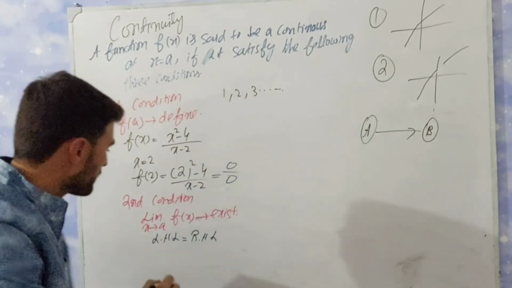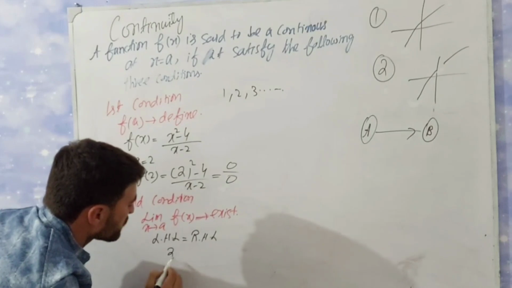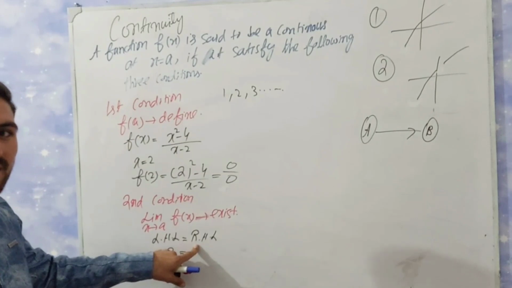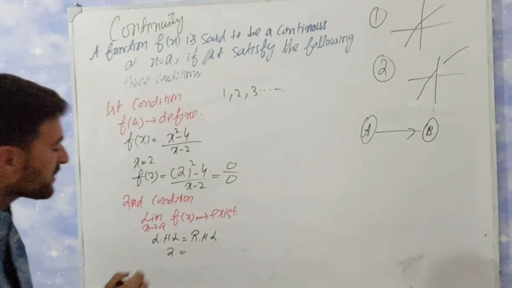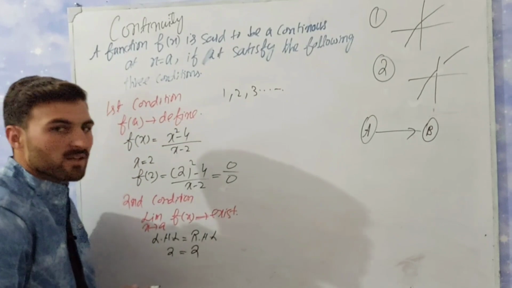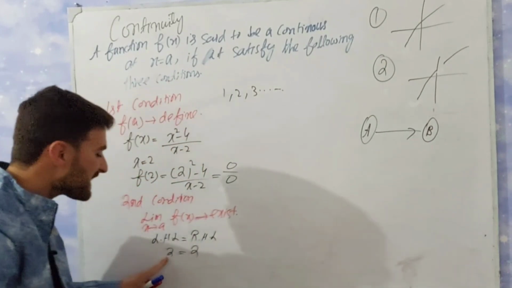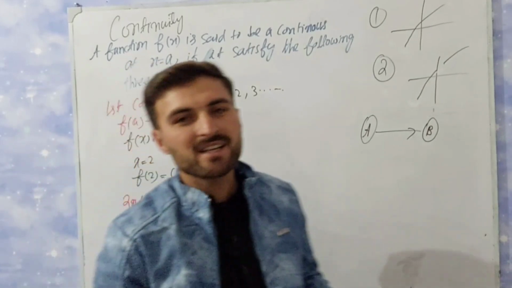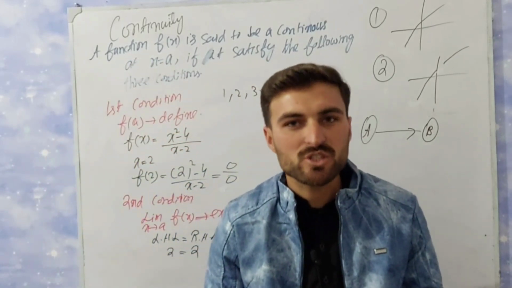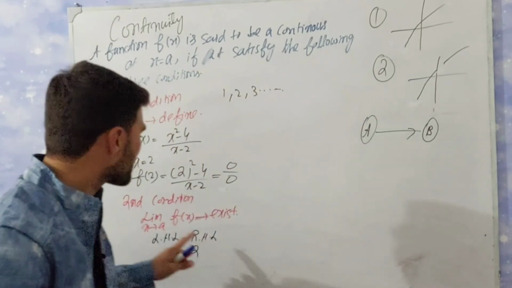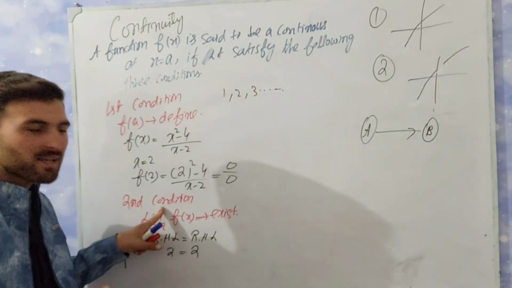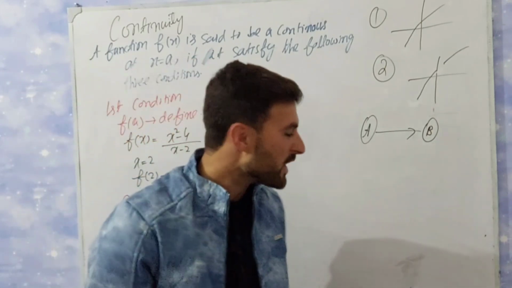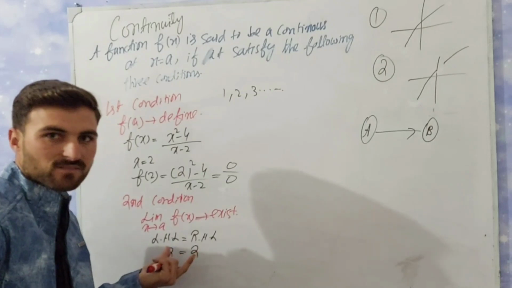Let's suppose from the left side we are getting 2, so from the right side we should also get 2. If we are getting 1 from one side and 2 from the other side, then the left hand limit and the right hand limit are not equal to each other. Thus we can say that the second condition is not satisfied, because the left hand limit is not equal to the right hand limit. So these two values should be equal to each other.